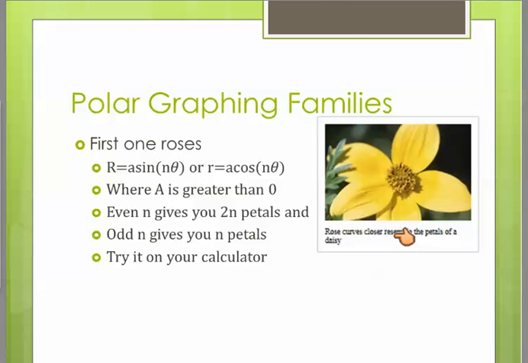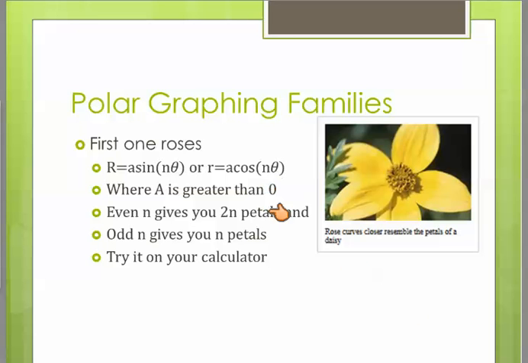If we're looking at the roses, you can usually get them to be symmetrical across the y-axis, and sometimes you can also see them across the x-axis. It depends upon how many petals they've got.